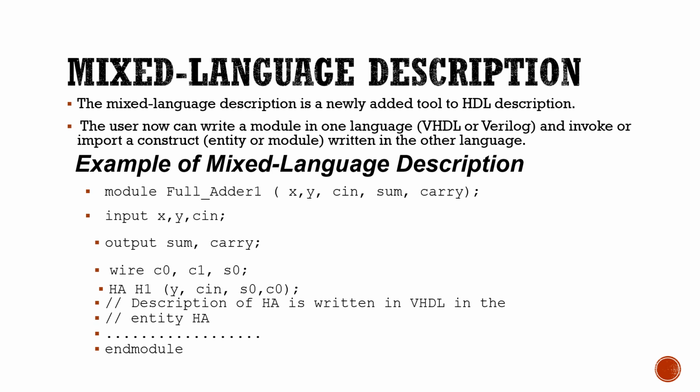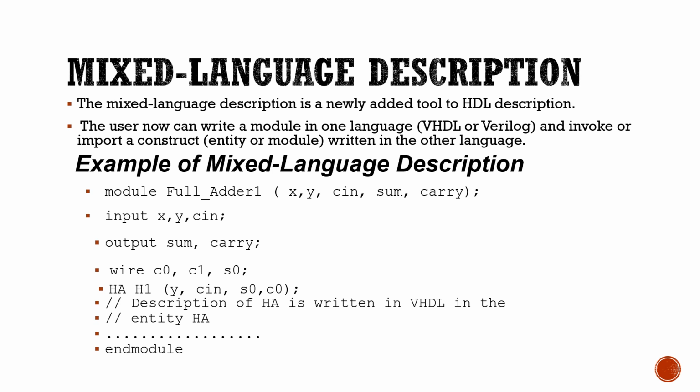So here I have written a program. Here the full adder is written in Verilog and uses a half adder written in VHDL. This statement instantiates the VHDL half adder inside the Verilog module. The statement is HA, H1, Y, comma, C, comma, S0, comma, C0.